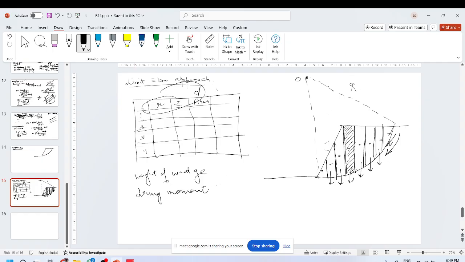Okay, I'll tell you this. Let us say that this is on a trial and run basis. I'll assume a radius.